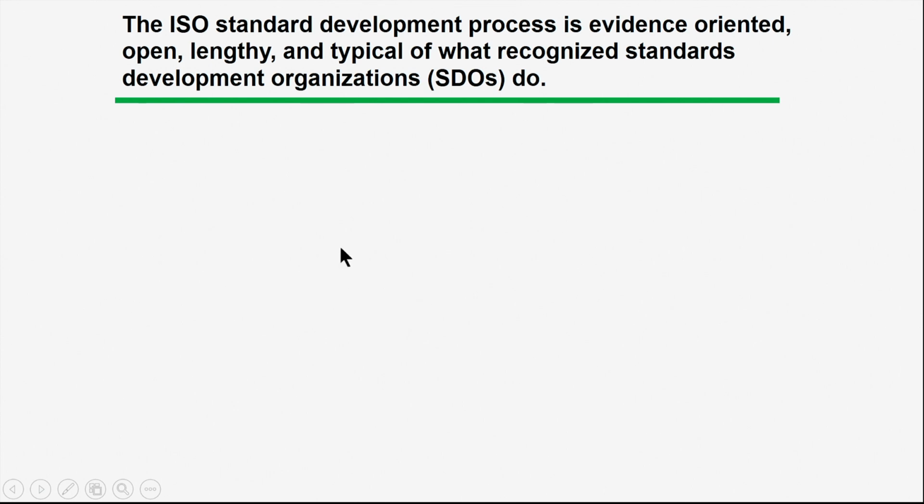So there's a process that ISO uses that's consistent with what many other standards development organizations use. And the focus is on evidence. What's the data? What are the numbers? What's the material? What are the journal articles, the conference papers, the technical reports that provide the evidence that we need to develop a standard?